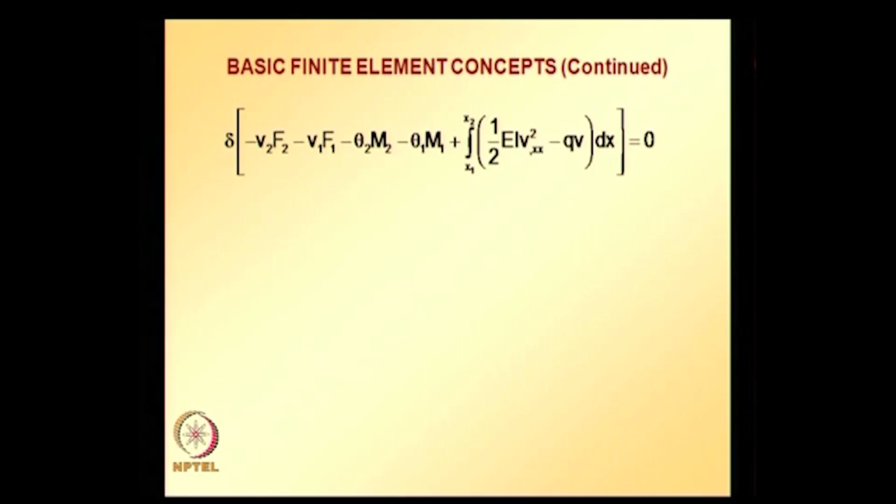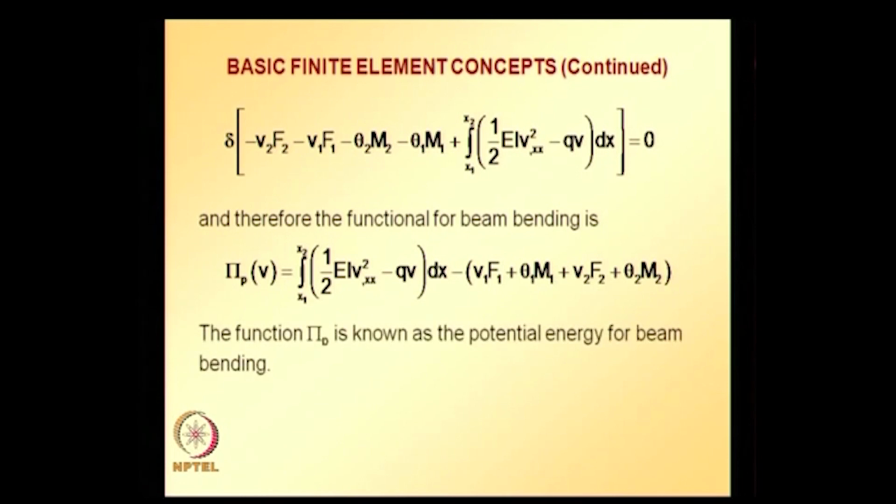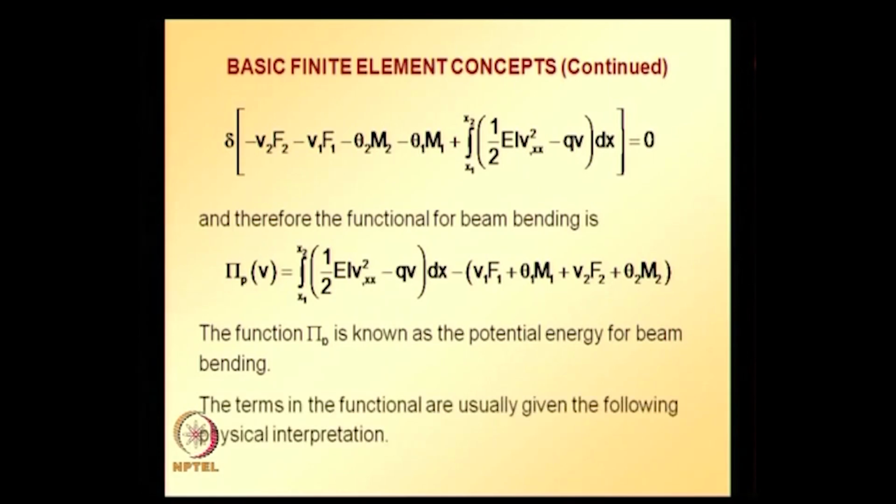So the potential energy functional for the beam bending problem looks like this. The functional is known as the potential energy for beam bending, and the first term in the functional is nothing but the bending strain energy. The terms in the functional are usually given the following physical interpretation.